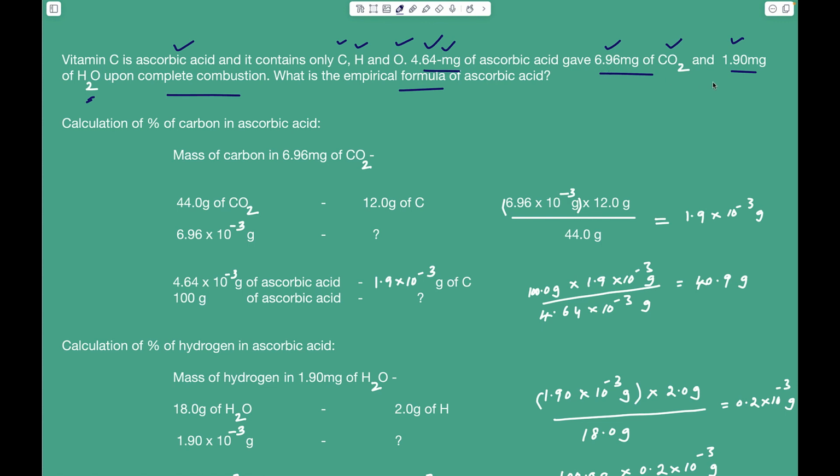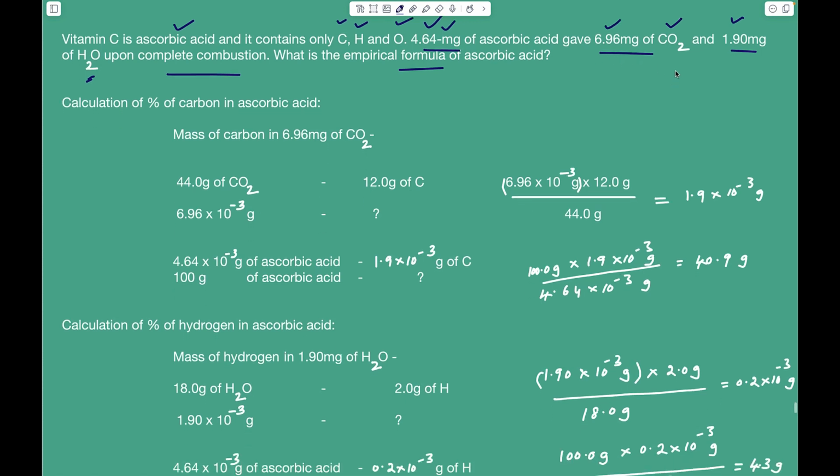So, the mass of hydrogen present in 1.90 milligrams of water vapor must be equal to the mass of hydrogen originally present in 4.64 milligrams of ascorbic acid. So that is how you have to first calculate the masses of carbon and hydrogen present in this much of ascorbic acid. How do you do that?